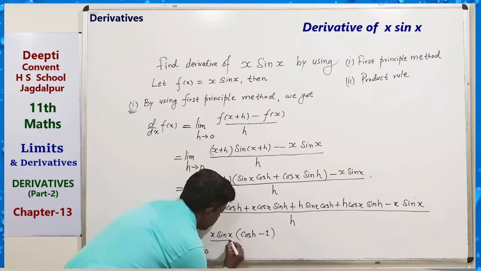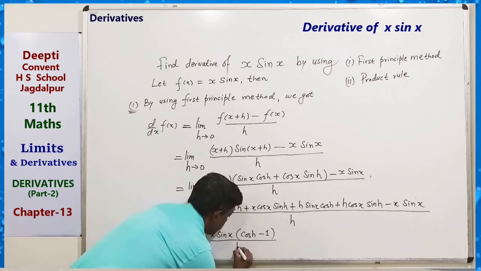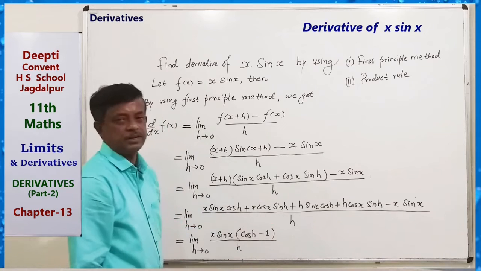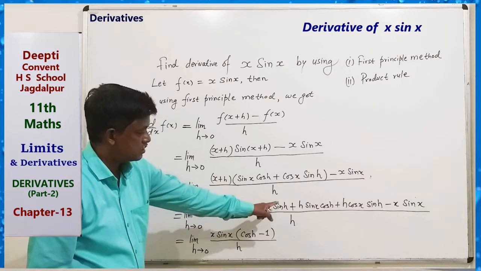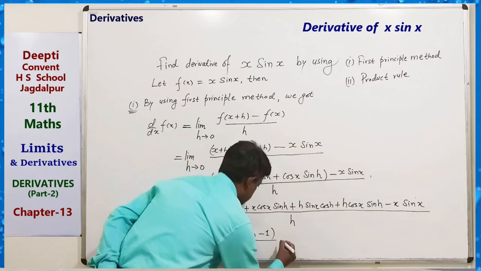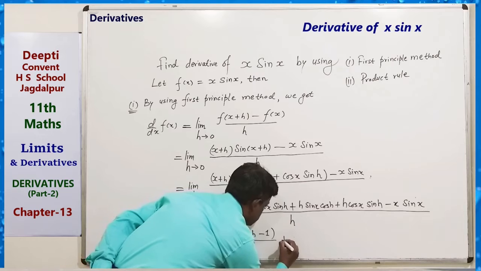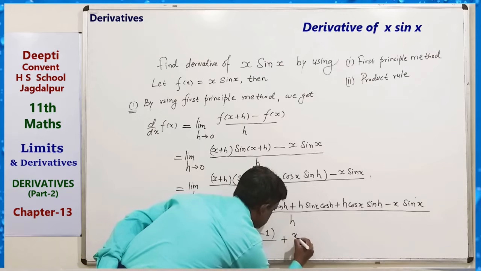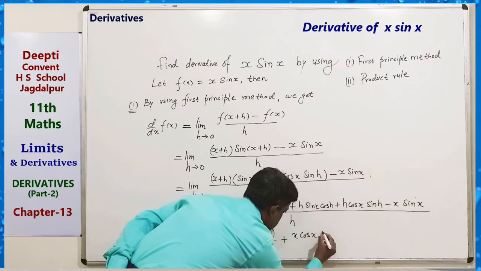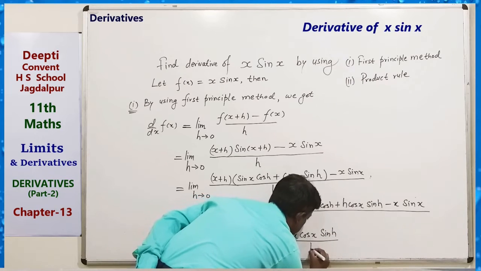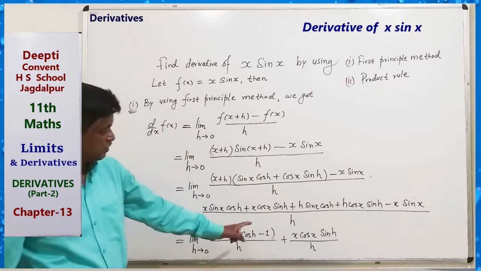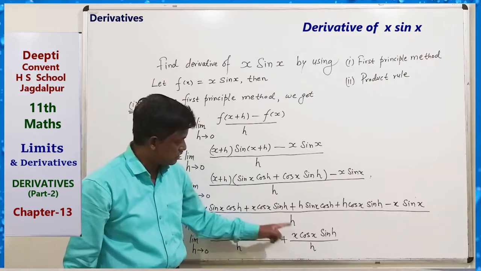Now x cos x sin h, divided by h, also here x cos x sin h by h.